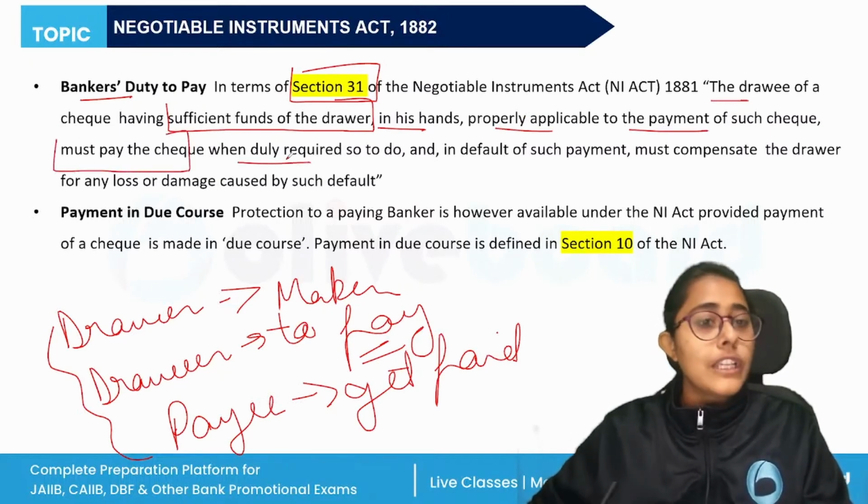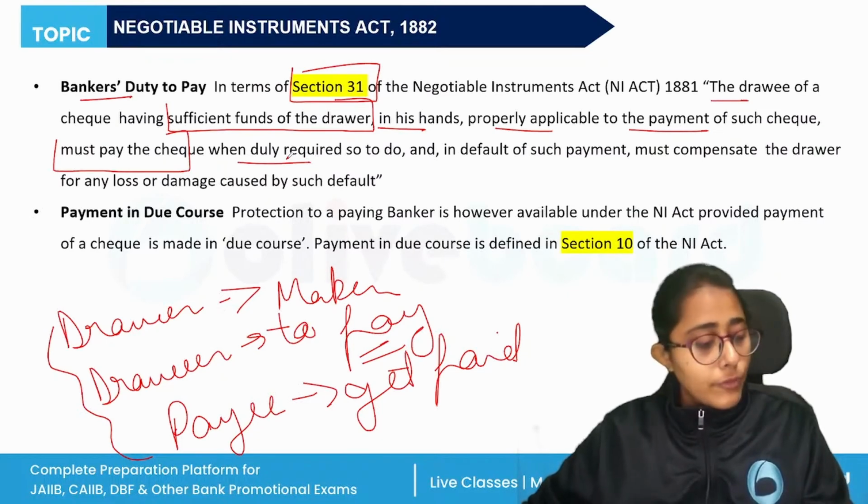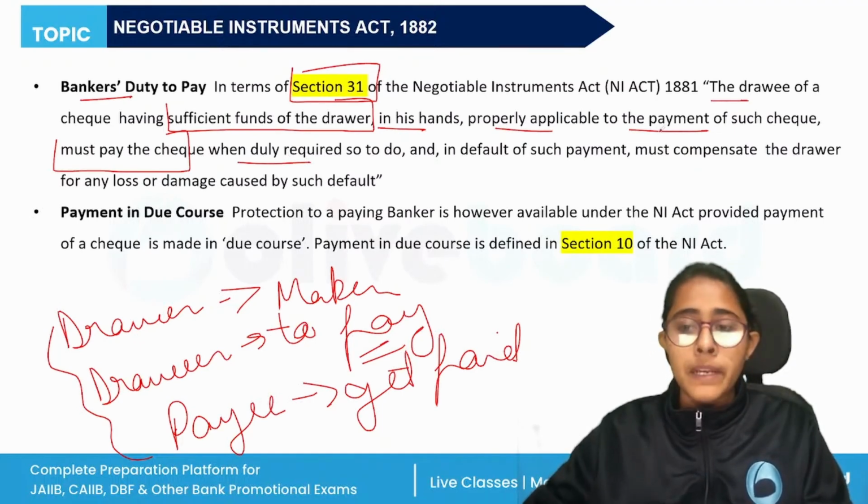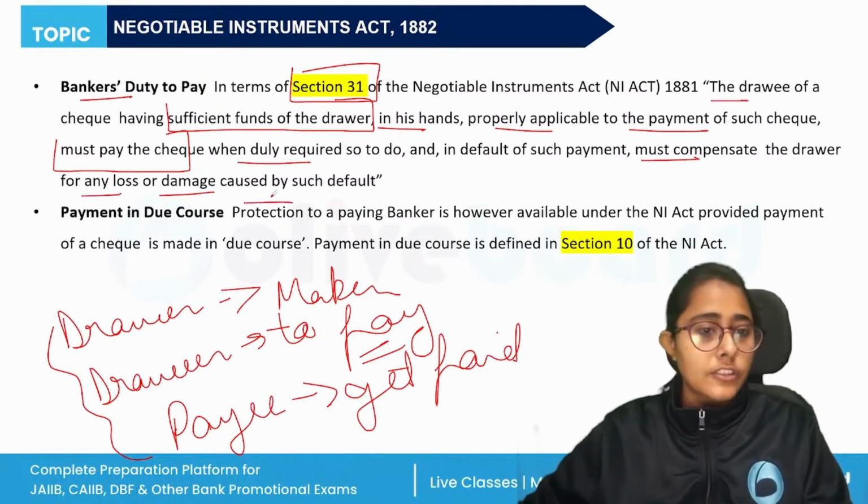So this is the duty of the banker to pay the check if the drawer has sufficient funds in their account, and everything is according to the provisions: the amount is mentioned, it is signed, and it is a legal contract. If there is any default in such payment, then they must compensate the drawer for any loss or damage that is caused.